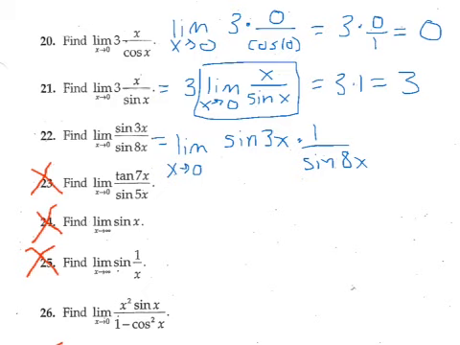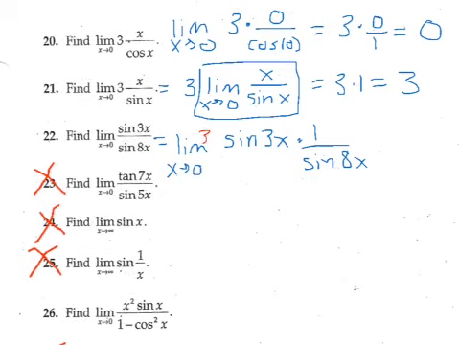Now if we had a 3x underneath sine 3x, we know the limit of that would go to 1 as x approaches 0. And if we had an 8x over sine 8x, we know that the limit of that would approach 1. So what I'm going to do is multiply the first term by 3x over 3x and the second term by 8x over 8x.